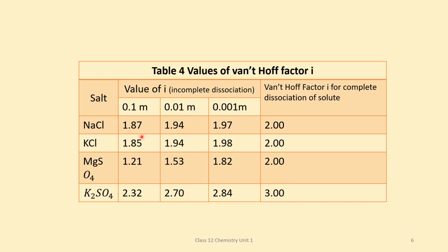The values for NaCl are 1.87 for 0.1 m, 1.94 for 0.01 m, and similarly for 0.001 m it is 1.97. Van't Hoff factor i for complete dissociation of solute is 2. For partial dissociation, different values are given on the screen.